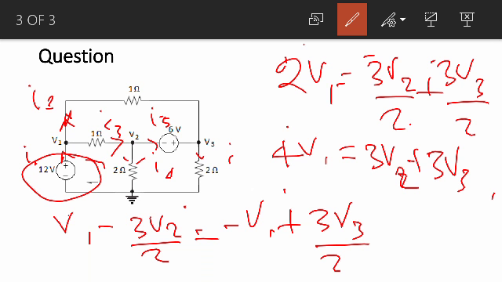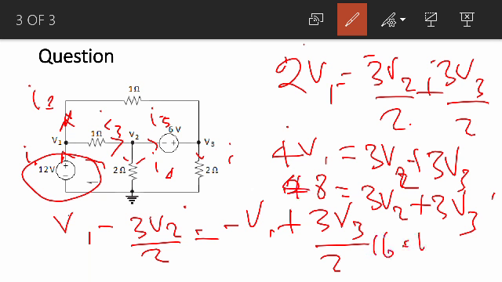So 12 times 4 gives us 48, so 48 equals 3V2 plus 3V3. Dividing through by 3, we get 16 equals V2 plus V3. So write that somewhere: V2 plus V3 equals 16.